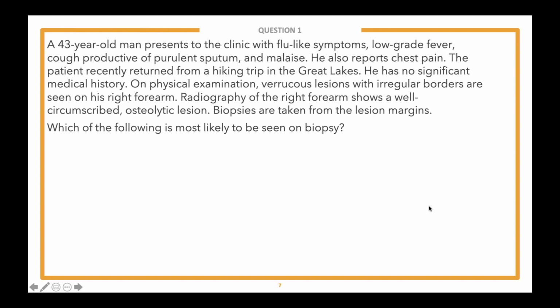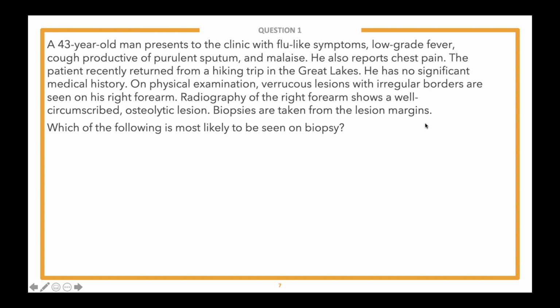On physical examination, verrucous lesions with irregular borders are seen on his right forearm. Radiography of the right forearm shows a well-circumscribed osteolytic lesion. Biopsies are taken from the lesion margins. Which of the following is most likely to be seen on biopsy?